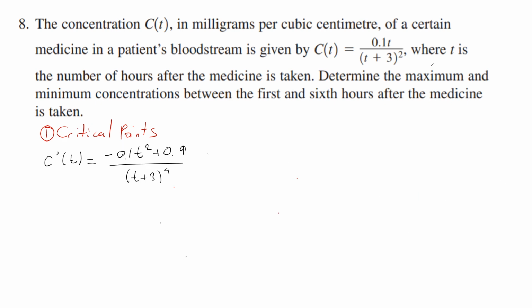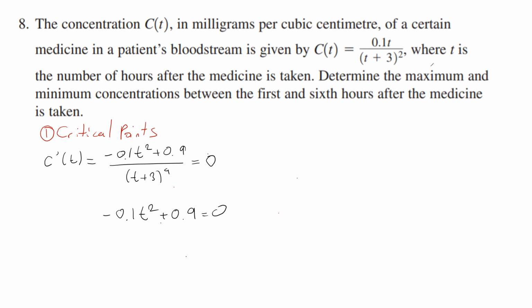Now that I have my derivative, all I need to do from here is set this equal to 0 because I'm trying to find a critical point. Now I'm going to multiply each side by (t + 3)^4, which is just going to cancel out, and I will be getting negative 0.1t^2 + 0.9 equaling 0.